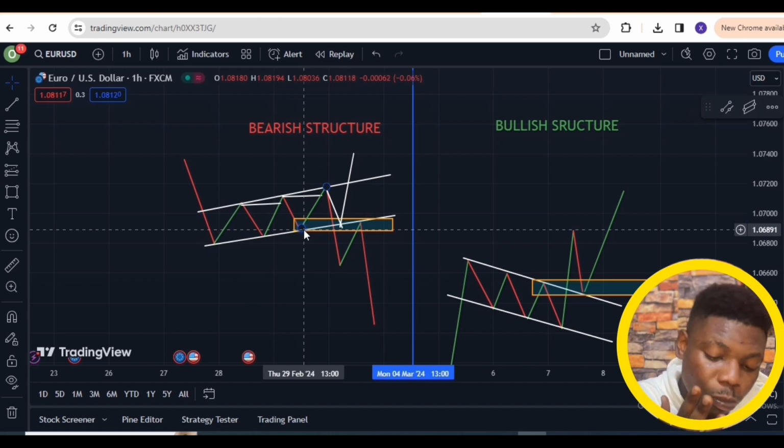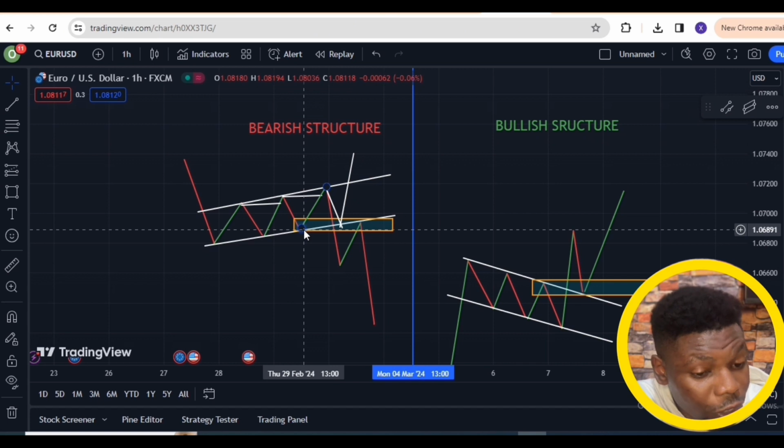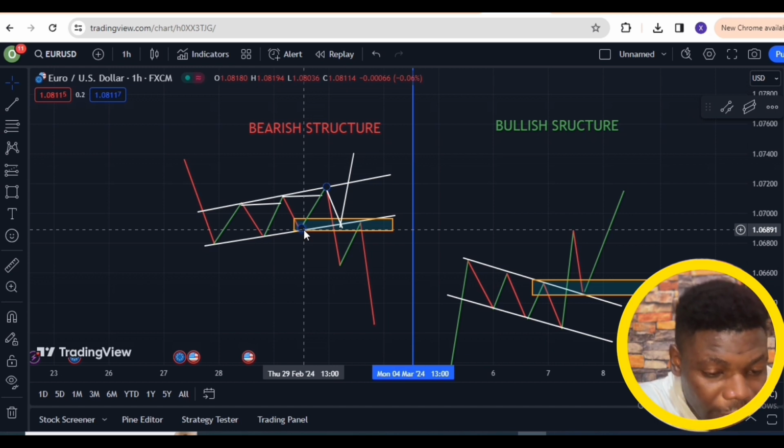It must touch the breaker block and the trend line. That is how we know it's a valid trend, and the trade must go in the direction of the higher structure, which is the bearish structure in this case.